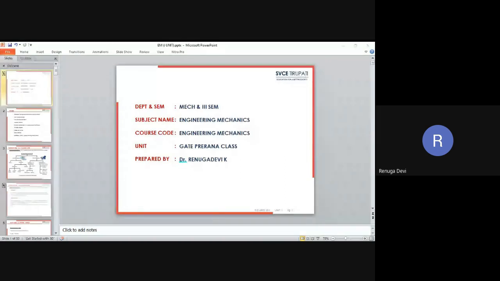Just see the outline of this class: introduction to engineering mechanics and classification, force systems and types. If you need mechanics, first you should know about the force systems and laws used in resolved forces, Varignon's theorem, resultant determination of forces, system of couples and free body diagrams, friction and its laws, types of friction, and equilibrium of force systems involving frictional forces.